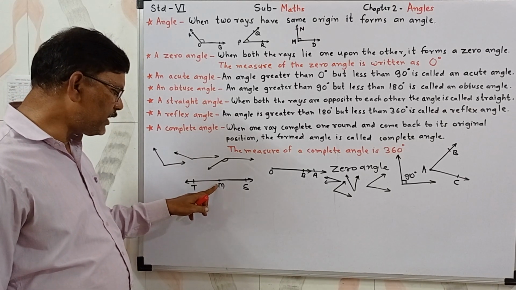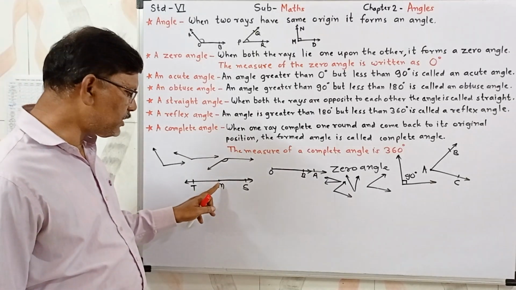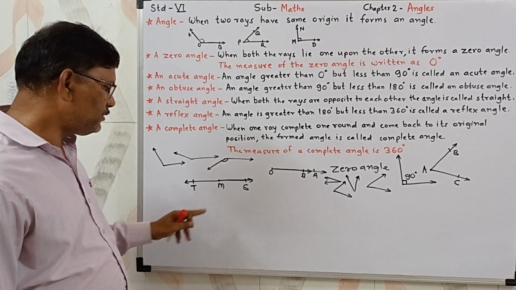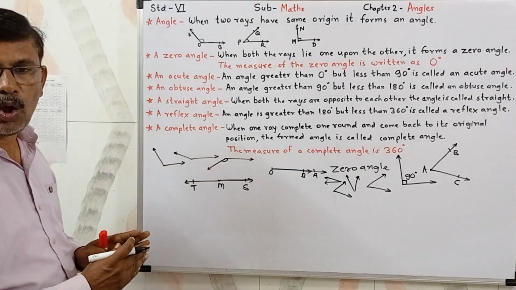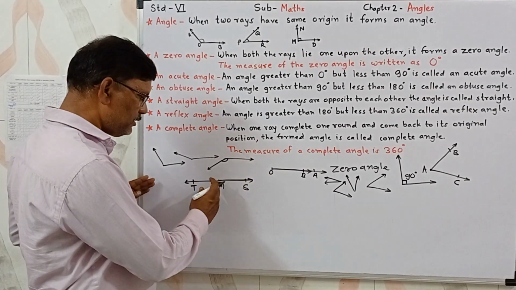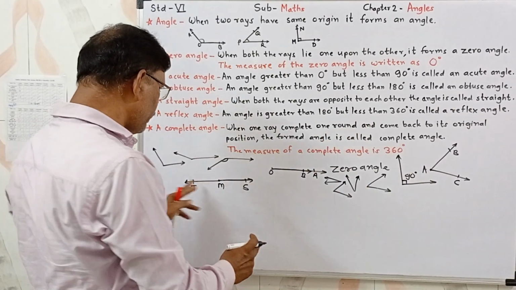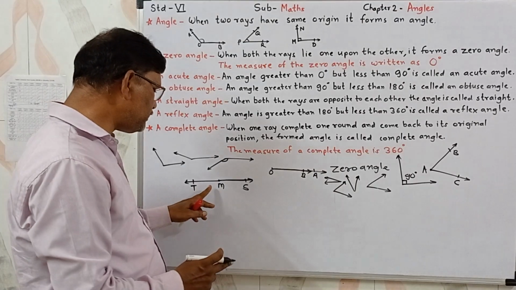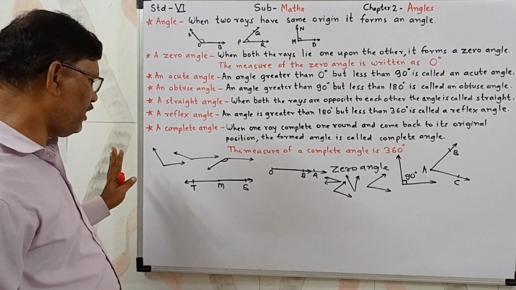M is the origin of both these rays, and these rays are opposite to each other. One is going to this side and one is going to this side. So this angle is called a straight angle.